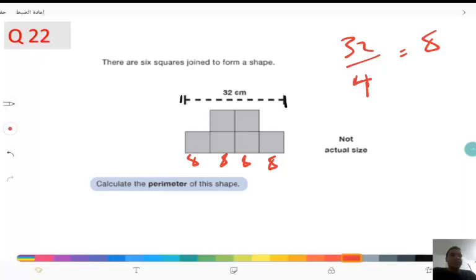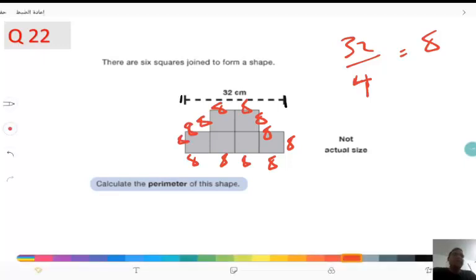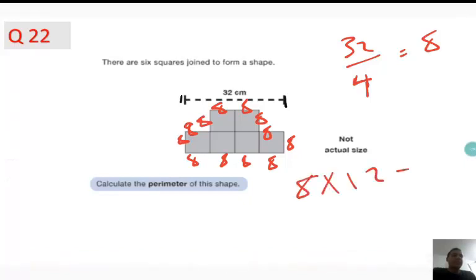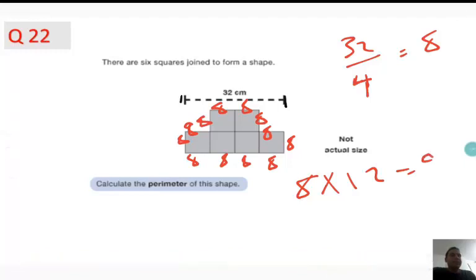To find the perimeter, let's find all the outside lines. We have 12 sides, each one is 8 centimeter. So the sum of them is 96 centimeter. This is the perimeter.